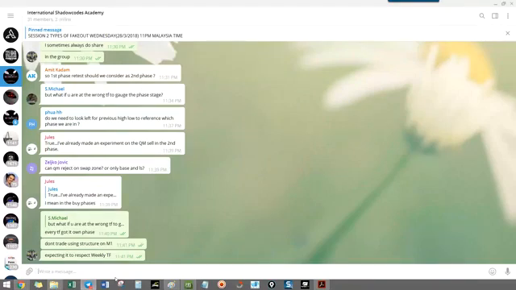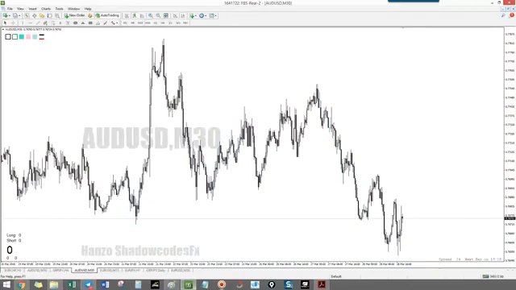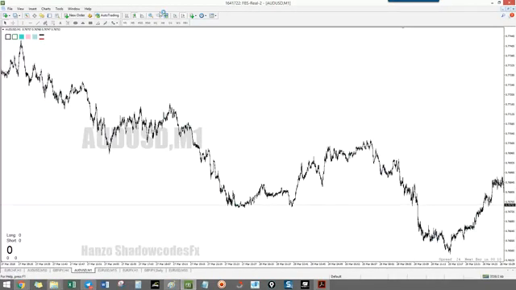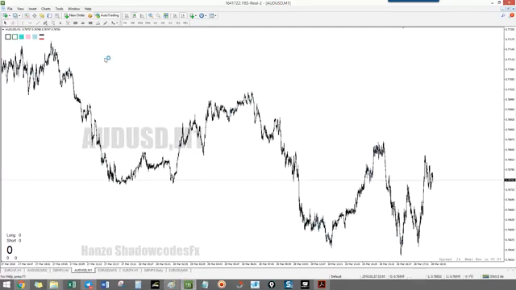If you open the M1, let me show an example on M1. This is the lowest we can get. Look, first phase, second phase, third phase. On the third phase, you will also have the fake out.